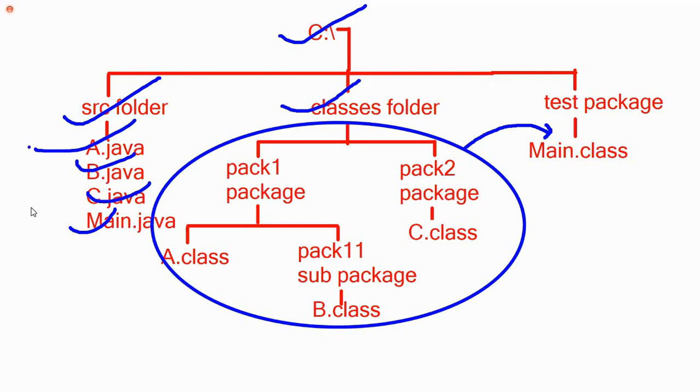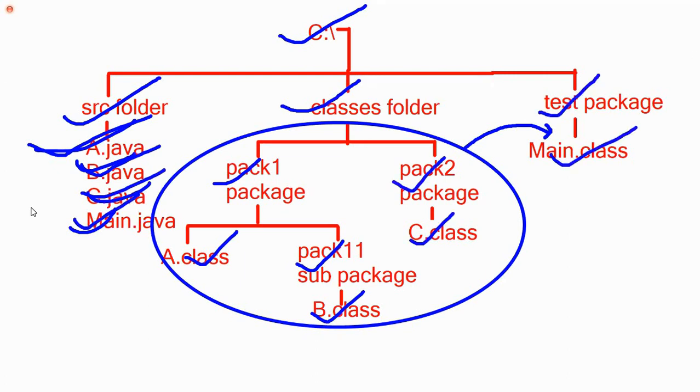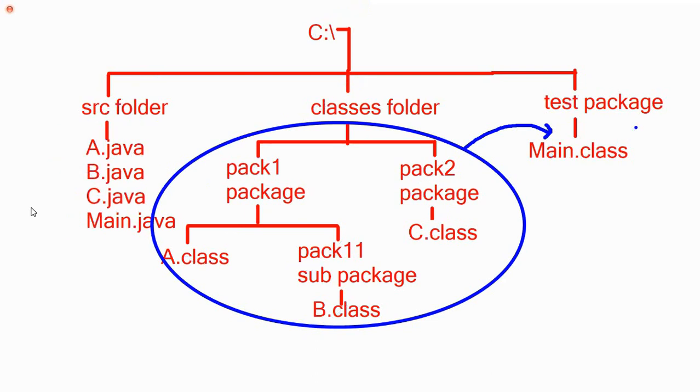Whenever you compile A.java, this is generated, this is generated. Whenever you compile B.java, this is generated, this is generated. Whenever you compile C.java, this is generated, this is generated. Whenever you compile Main.java, this is generated, this is generated. So package folders are automatically generated by the Java compiler. .class files are generated by the Java compiler. Okay. This program we will see tomorrow.